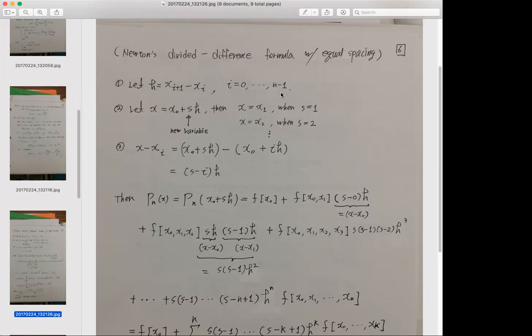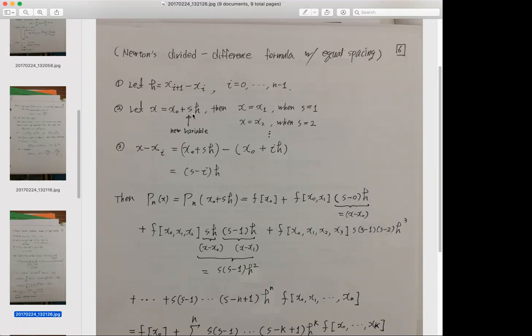Since the nodes are equally spaced, we can express the input variable x in terms of x0, which is the first node, and the length h, like this: x equals x sub 0 plus s times h.